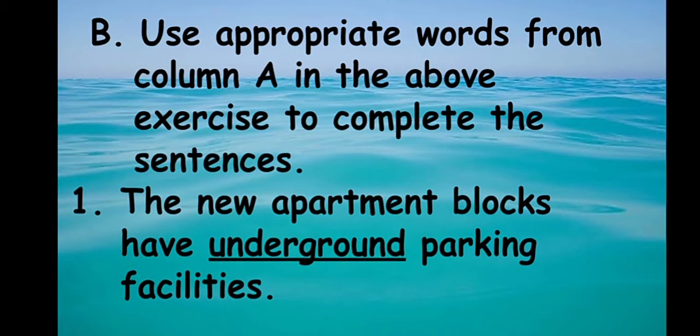Now look at exercise A, children, in your textbook, and we'll look at those words and find the answers for exercise B. The first question: The new apartment blocks have dash parking facilities. What might be the answer, children? Underground.